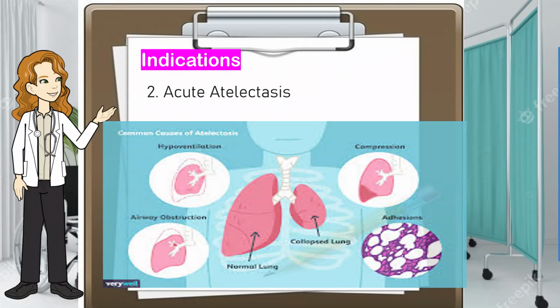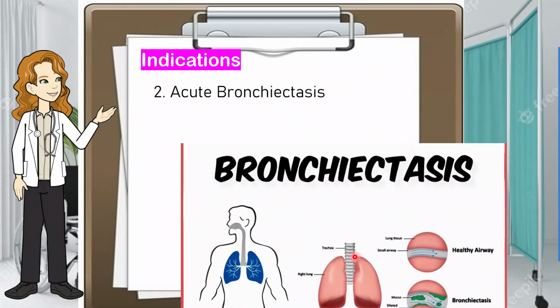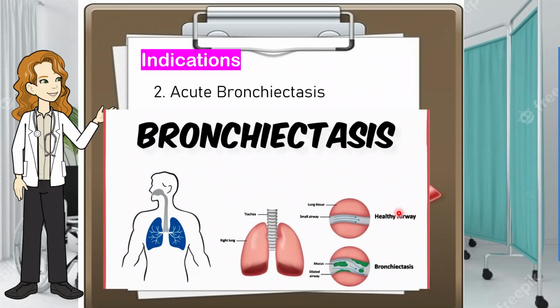Okay. Another condition here is acute bronchiectasis. Looking at this picture, there are dilated airways. This is a condition wherein the large airways in the lungs are damaged and widened. There are also many secretions here.